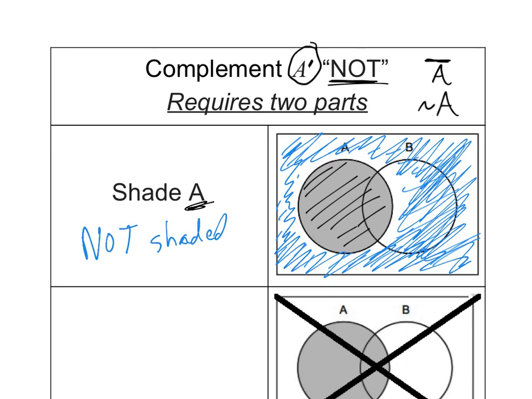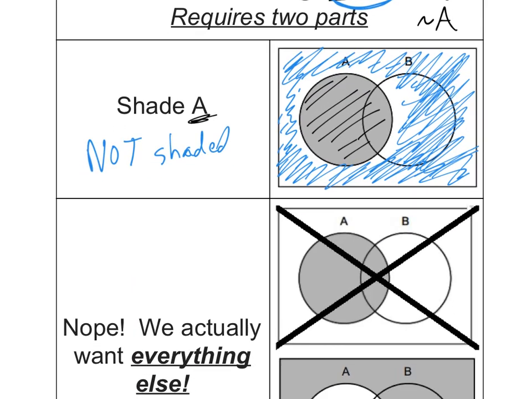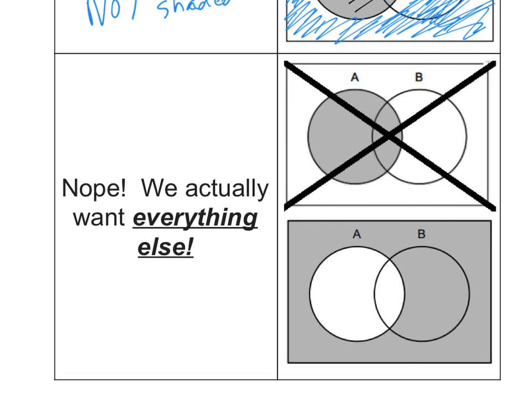Well, notice that the complement, the logical word that is the equivalent of it, is not. And that is what we're looking for. If we had shaded set A, what is all of the stuff that is not shaded? And that is going to be our solution. So we want everything other than what they are asking us for.